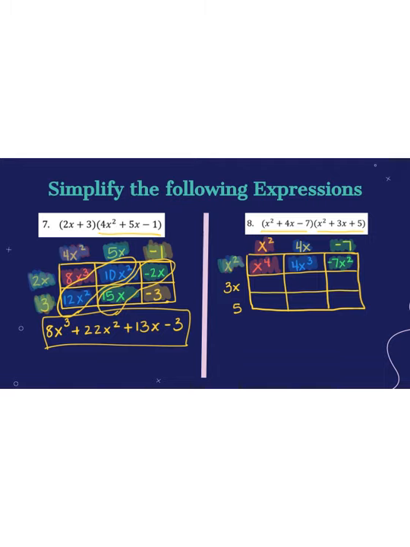Okay, now I'm going to move down. And I want this box right here. So I'm going to take x squared times that 3x. So 3 times x is still going to give me 3x, and now I have to the third.